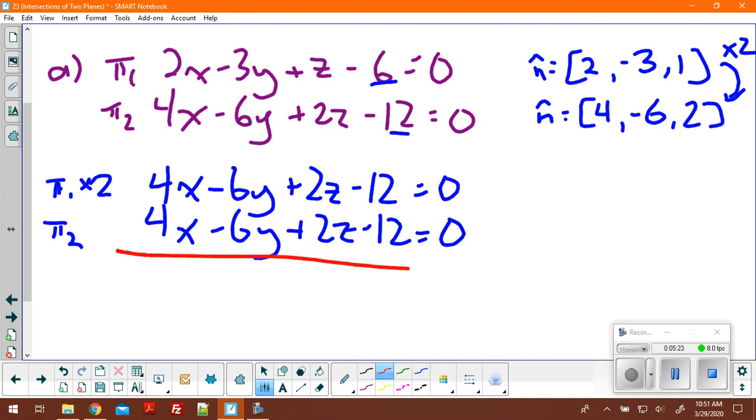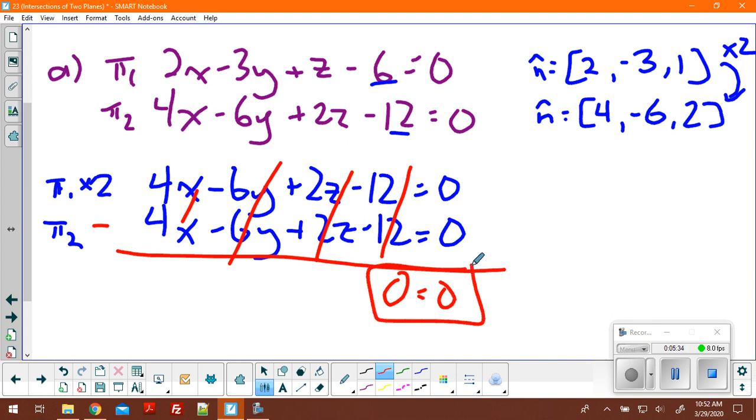So now I go to eliminate. I'm going to subtract the equations. So my x's cancel, my y's cancel, my z's cancel, my 12 cancels. So I have 0 equals 0. But we've seen that before. 0 equals 0 means that there are infinitely many solutions.